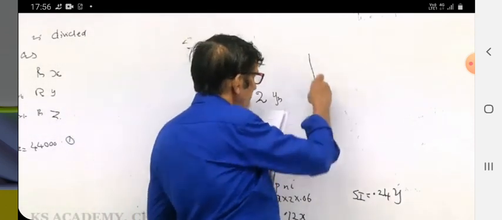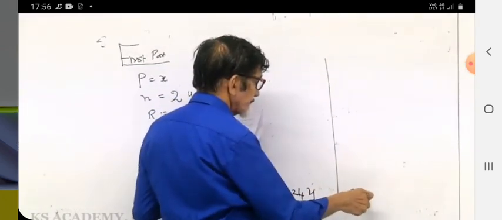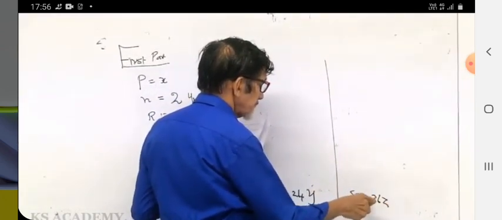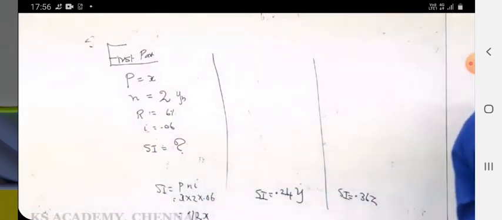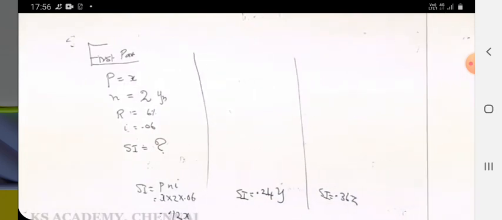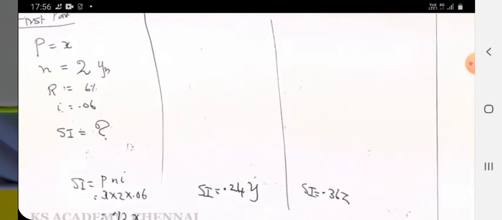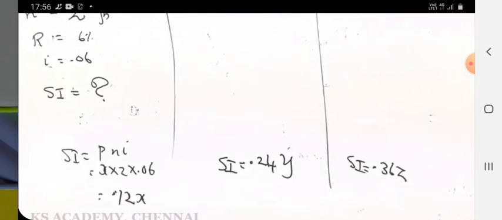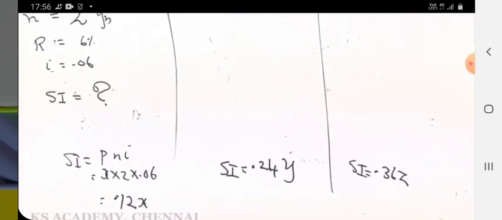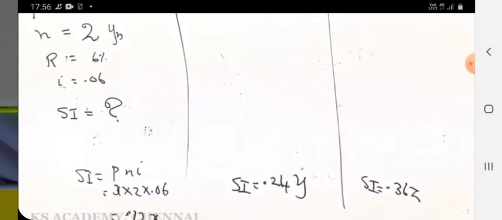Third part, if you try. First part SI calculated: you are getting 0.12X, second 0.24Y, third 0.36Z.